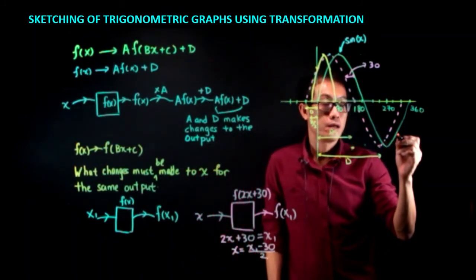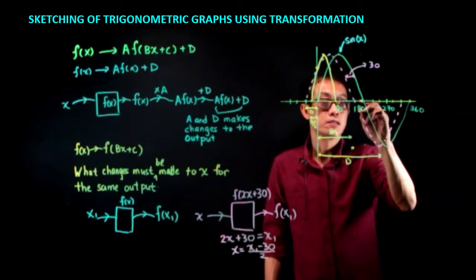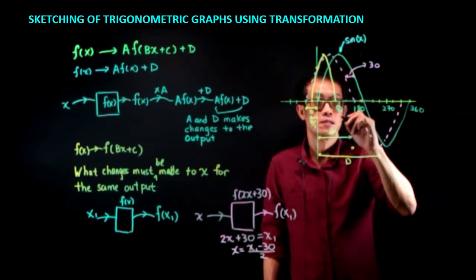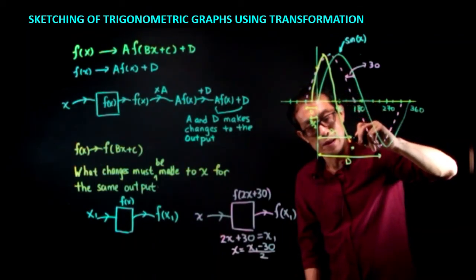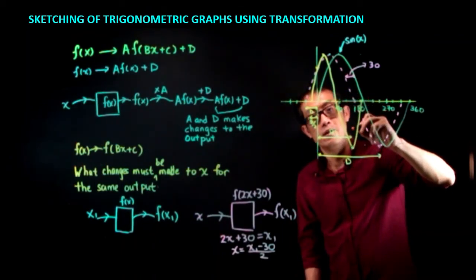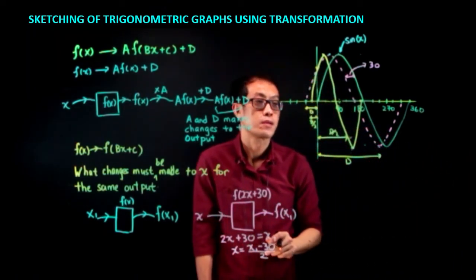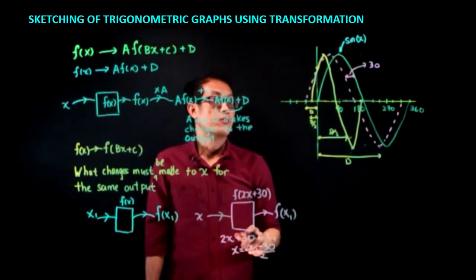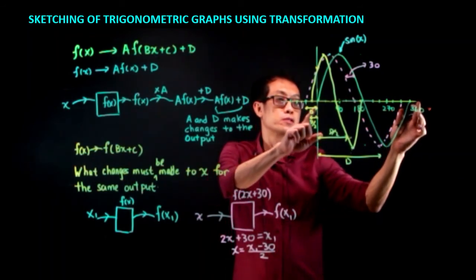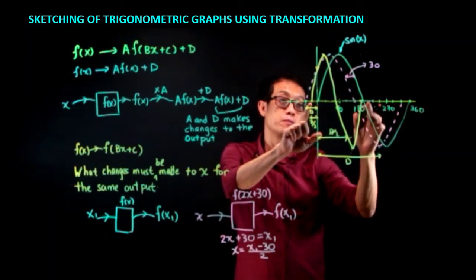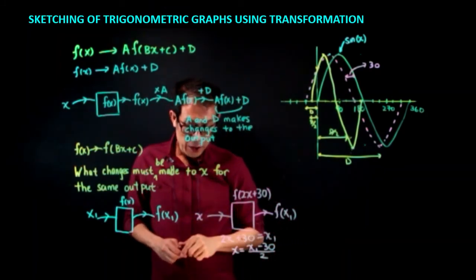Now this point here, you half it, will be somewhere here. So it goes something like this. Now you find that the period originally was 360, now becomes 180.